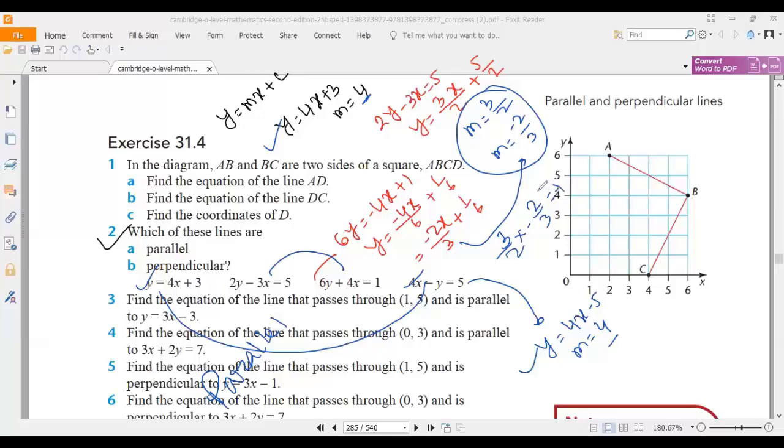We know that if two lines are perpendicular to each other, then the product of their gradients should be negative 1. So 2y minus 3x equal to 5 and 6y plus 4x equal to 1 should be perpendicular to each other. I hope you understand this one properly.